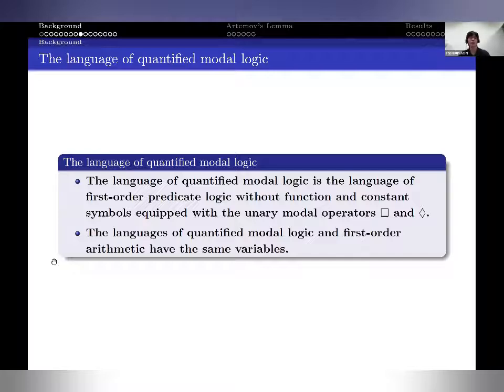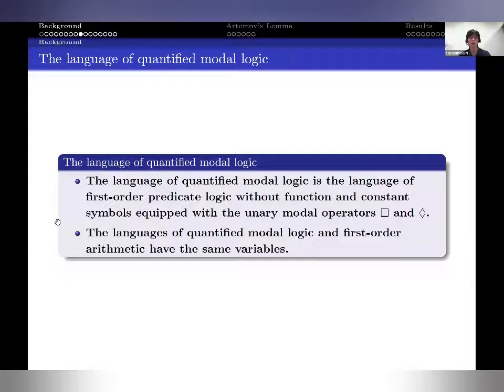At first, I would like to explain the language of quantified modal logic. The language of quantified modal logic is the language of first-order predicate logic without function and constant symbols for the sake of simplicity, which is equipped with the unary modal operators, box and diamond.